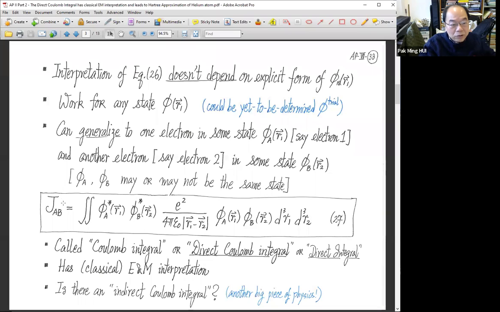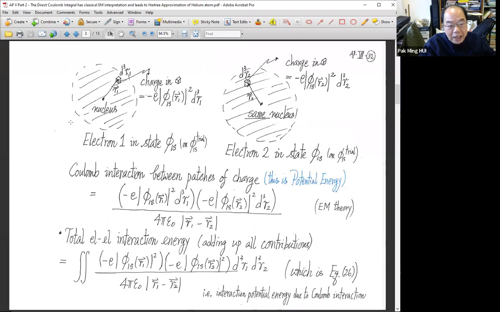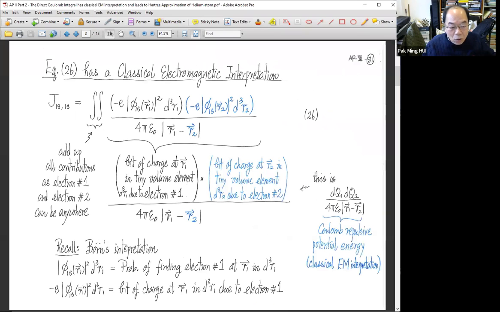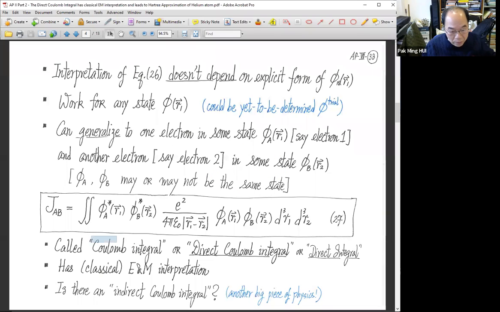This integral, J, is called by many names. Coulomb integral, obviously, because of the classical electromagnetic interpretation. It is called the direct Coulomb integral, with the adjective direct, or simply the direct integral. Then you may wonder, is there an indirect Coulomb integral? The answer happens to be yes.